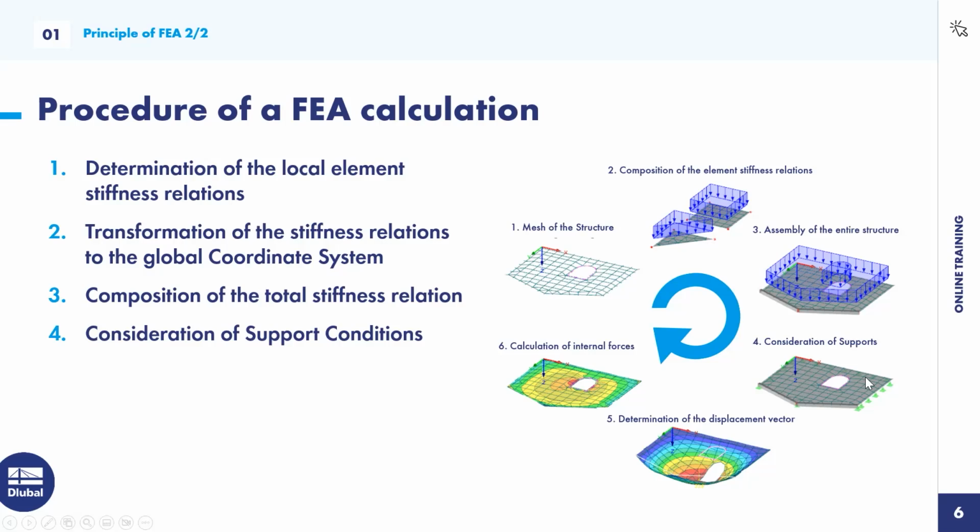For example, for this edge of the slab, we have a line support, and this line support is fixed in Z direction, which means the line can't move in Z direction. That means each entry within this displacement vector which includes the location of this line hinge must be 0.